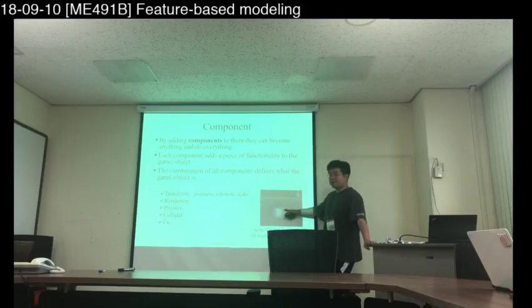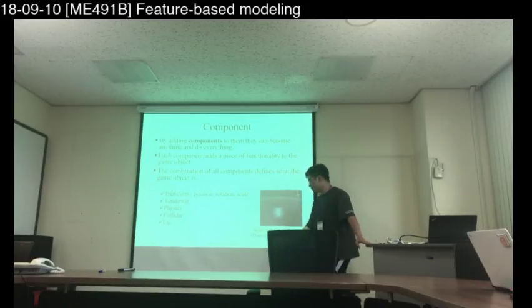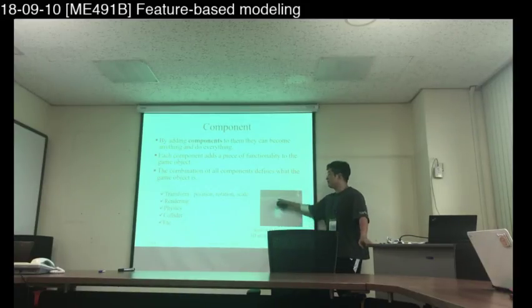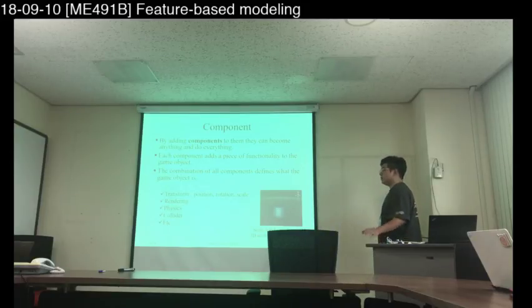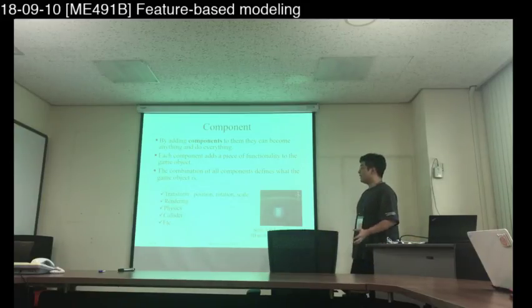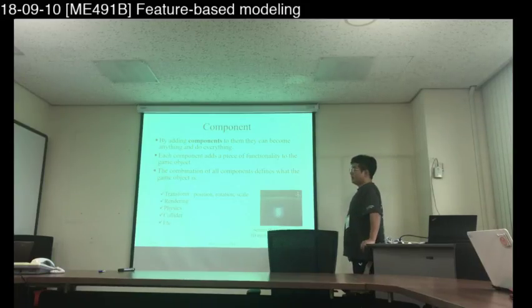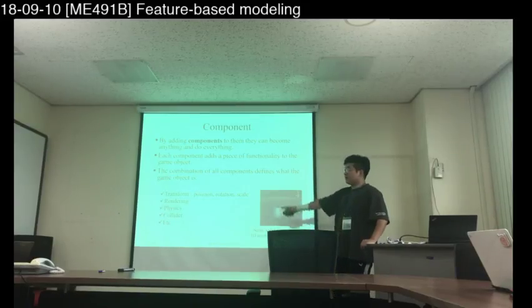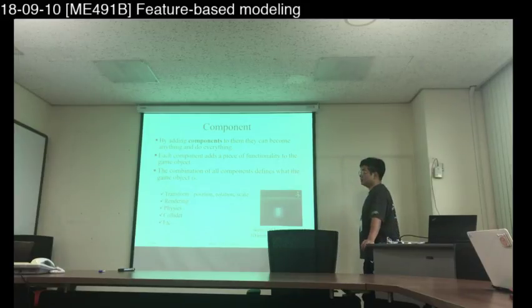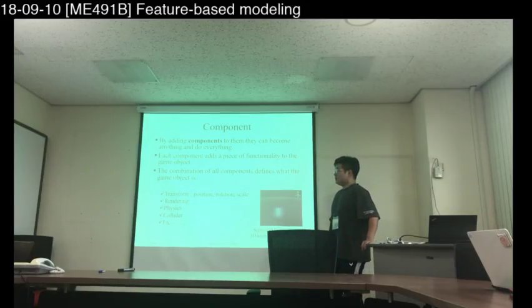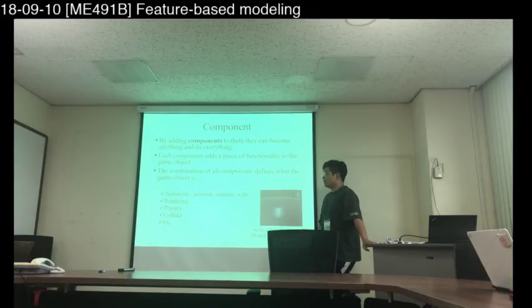The empty game object becomes a part with a component named 3D mesh and render components. The combination of all kinds of components defines what the game object is. Representative components are transform, rendering, physics, collider, etc. Transform is a very fundamental component. It defines the game object's position, rotation, and scale.